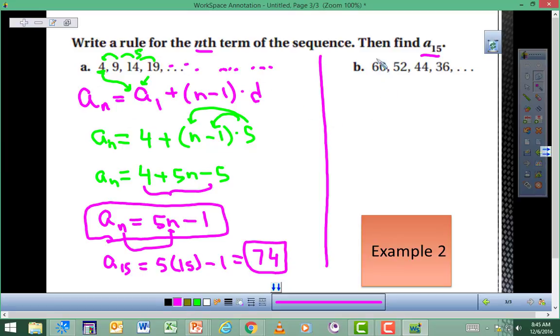Well, so let's check and see if there's a common difference. This time the sequence is going down, it looks like, or getting smaller. The common difference here is not positive 8. It's negative 8. You see, if you take 52 and you subtract 60, you get negative 8. Okay, and if you do the common difference here, 44 minus 52, once again, you get negative 8.